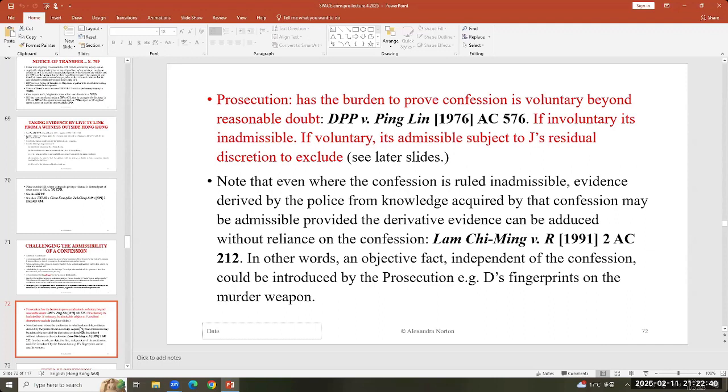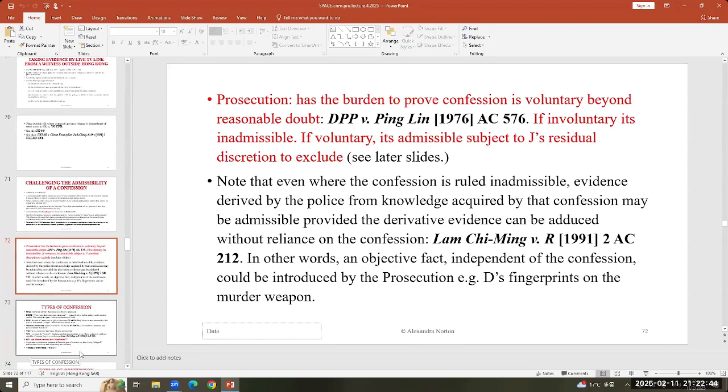But this case is still held to be good authority for this derivative evidence. The way that I think about it is the fingerprints on the murder weapon were one step far enough removed from the impropriety for it to be fair to admit this evidence.